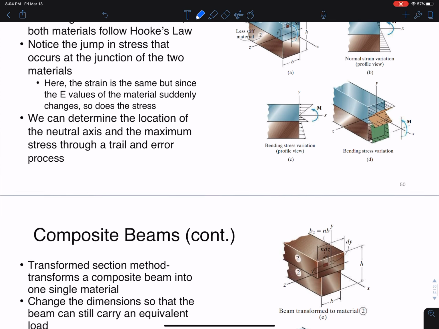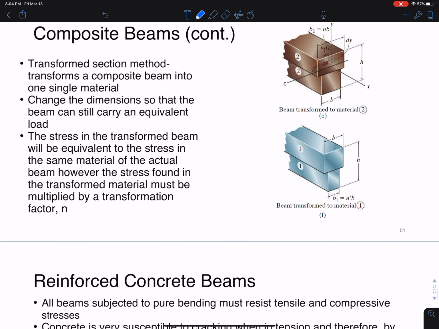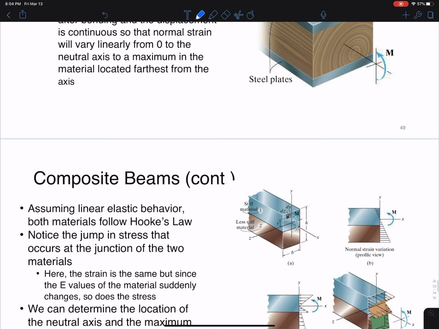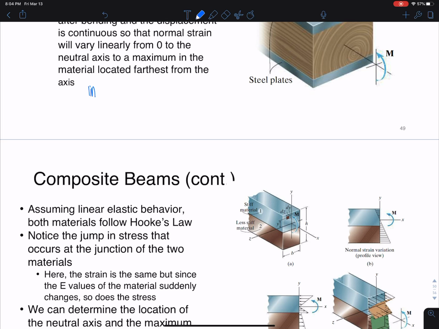Let me write this down in a space that's empty. We're assuming linear elastic material, right? Linear elastic material. So if we have material 1, let's say sigma is equal to E1, some modulus of elasticity, times strain.